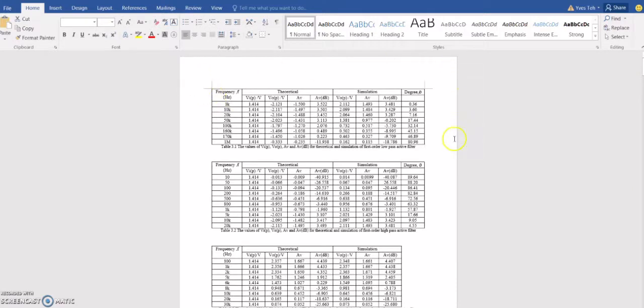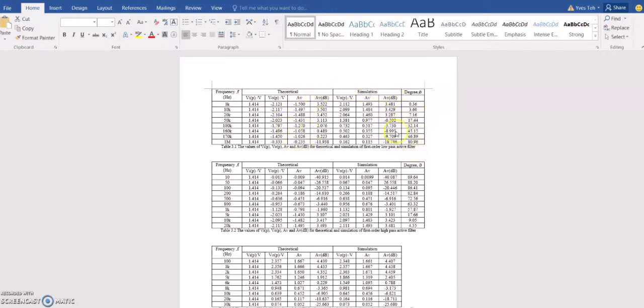This is for the first order low pass filter, and we get the Vout from the simulation is this one, and from the Vout we can calculate the AV and AV in decibel. After we get the AV in decibel, we can plot the curve using this AV value.